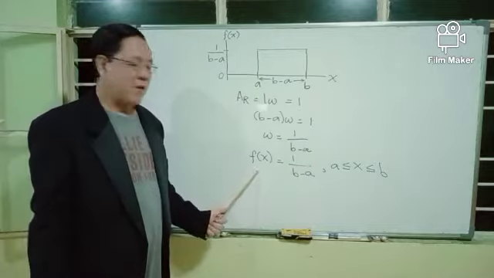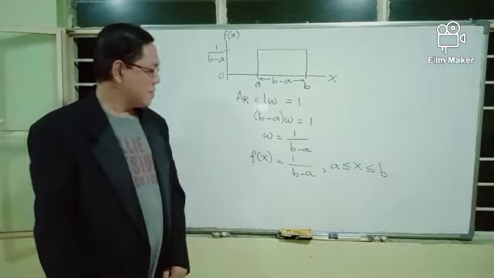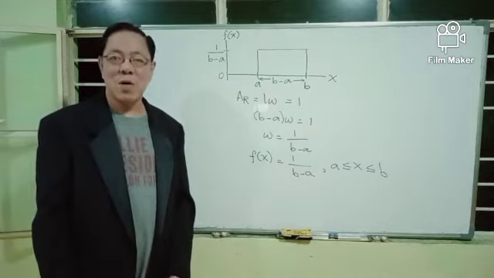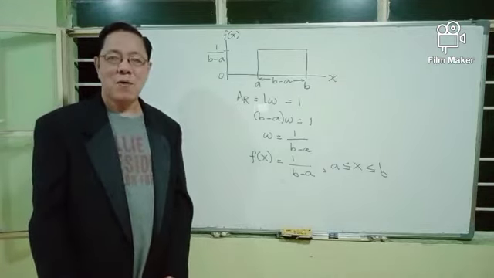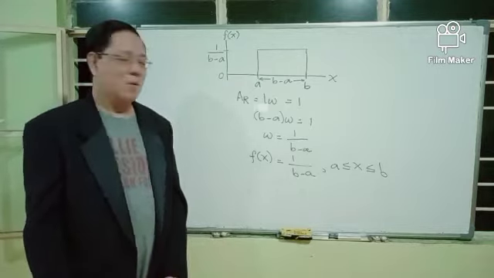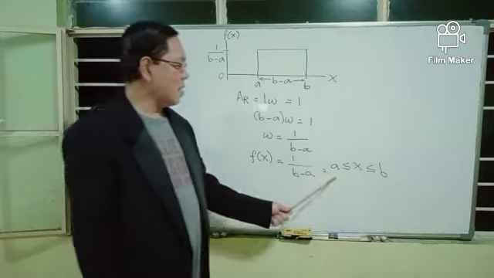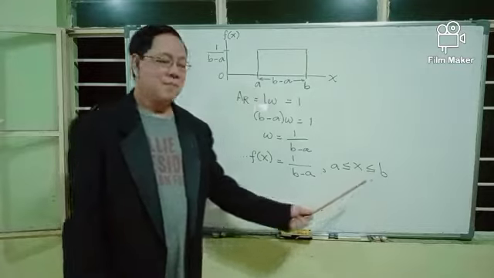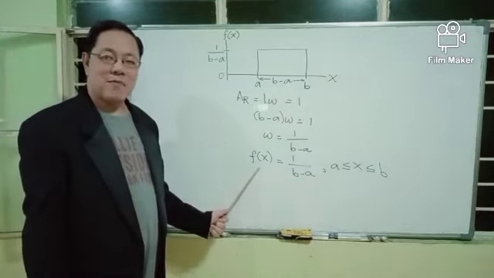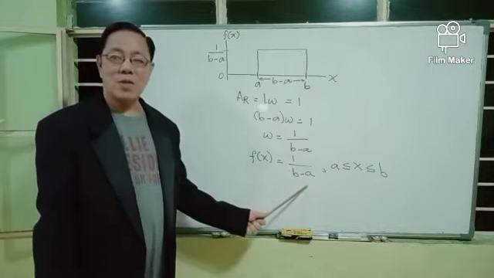This function f of x equals 1 over b minus a is called the probability distribution, or more specifically, the probability density function for the uniform probability distribution for continuous random variable, where x is between a and b. Again, this function f of x equals 1 over b minus a, which is a constant.